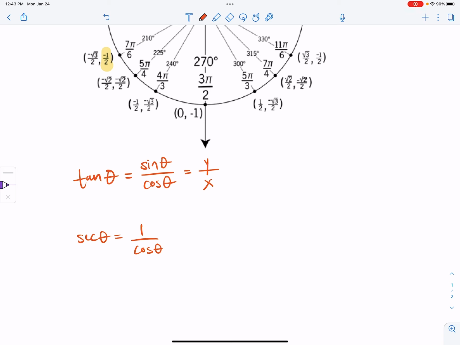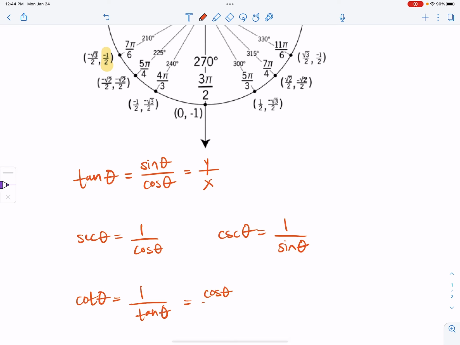And then cosecant of theta is the reciprocal of sine. So you could determine what sine of the angle is, and then the reciprocal. And then cotangent of theta is the reciprocal of tangent.